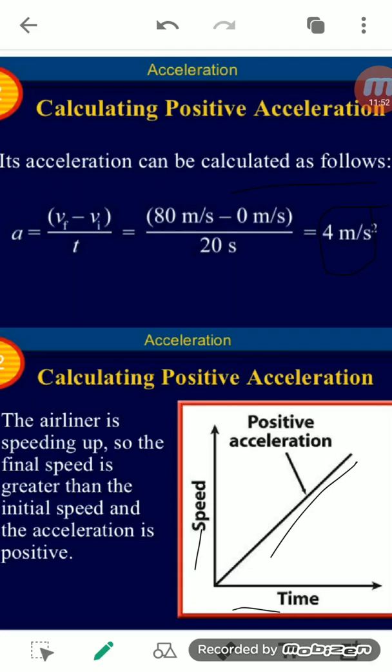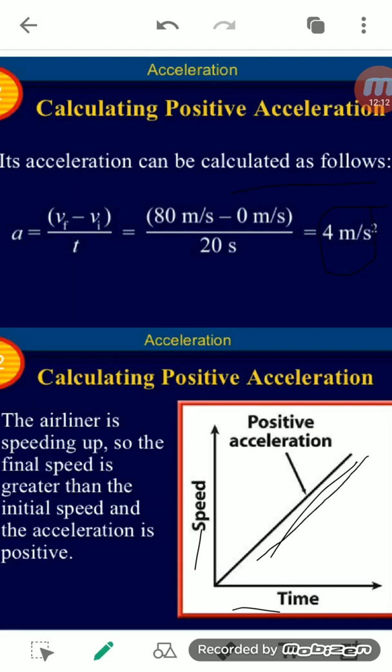That kind of acceleration, in which the final velocity is higher than the initial velocity, is known as positive acceleration. And when we make the graph of positive acceleration, it will give us a straight line.